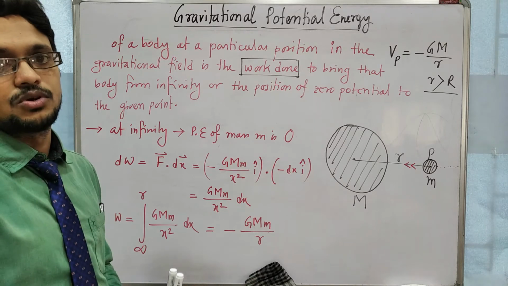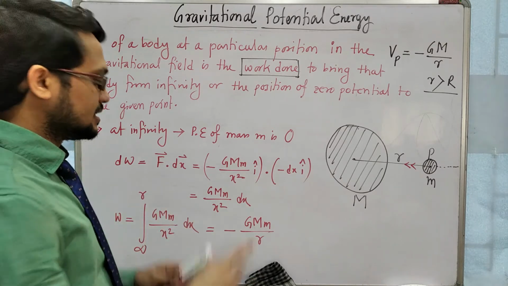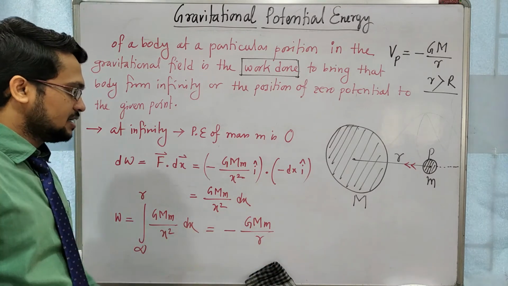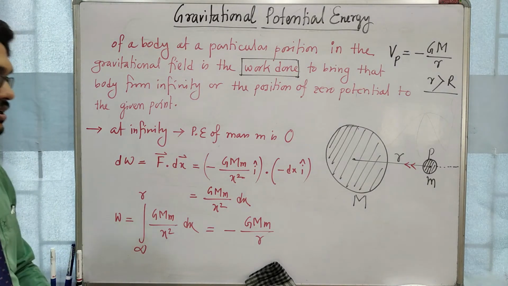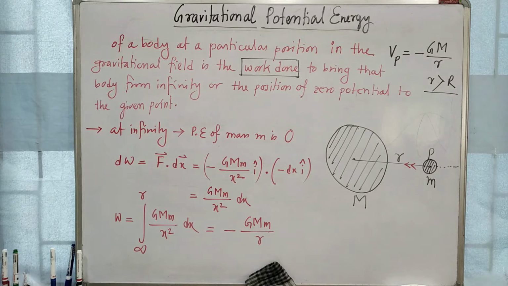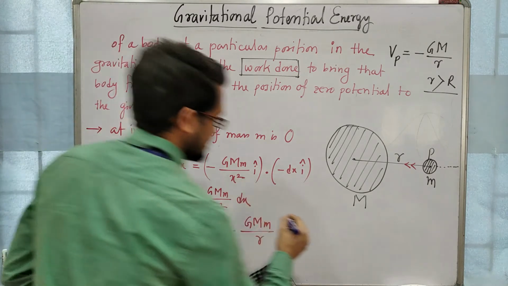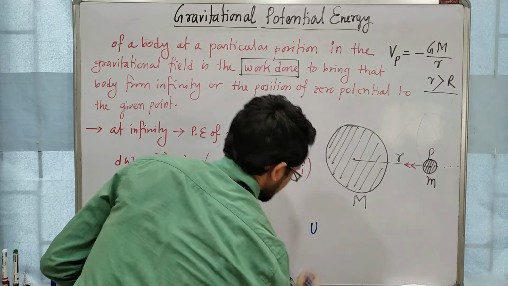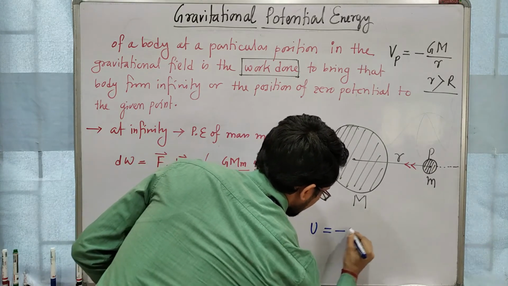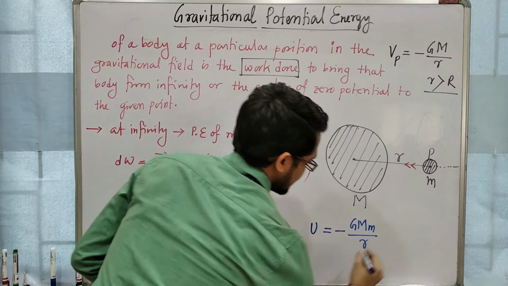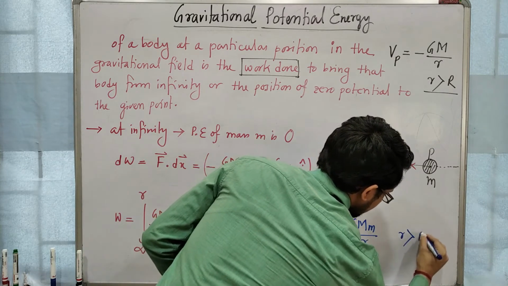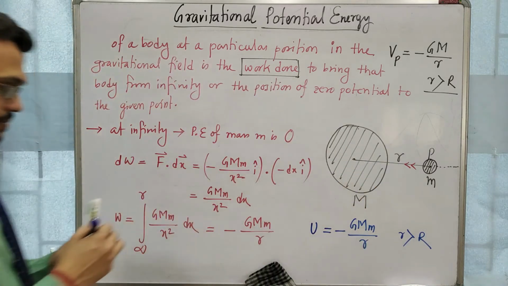The gravitational force, which is the attractive force, is doing the work minus GMm by r, and that amount of work will be stored in that body as its potential energy. So potential energy, denoted by U, equals minus GMm by r. Here we take r greater than the radius of that planet.